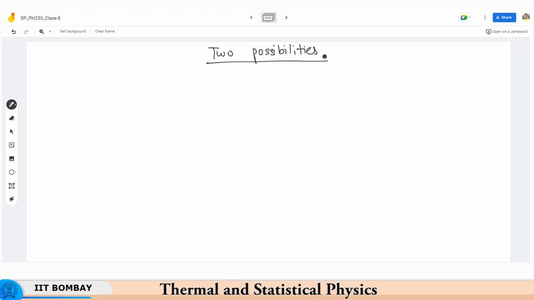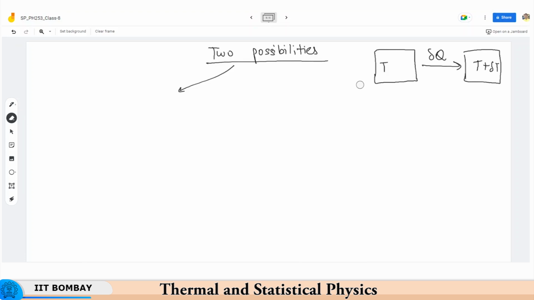So remember, our aim is to increase the temperature of this system. You have T and I want to increase its temperature by a certain amount delta T by supplying heat delta Q.